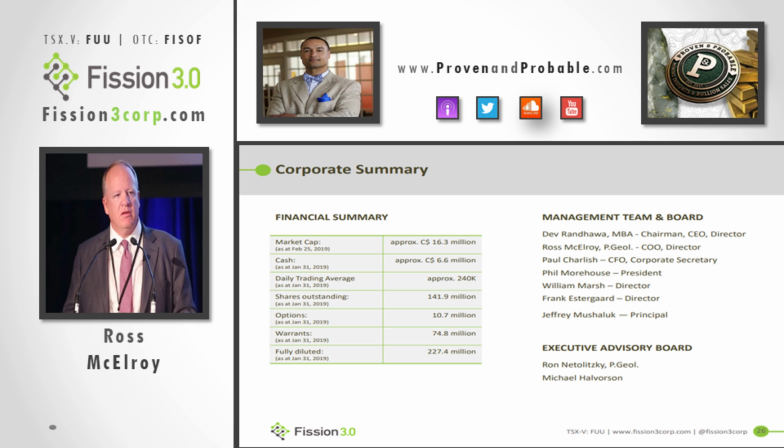Who are your major shareholders, and what is their level of commitment? When we spun off Fission 3.0 back in December of 2014, the same shareholders that were shareholders of Fission Uranium were the same shareholders in Fission 3.0.